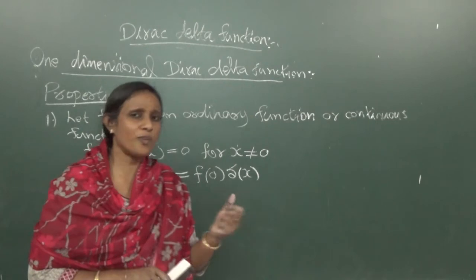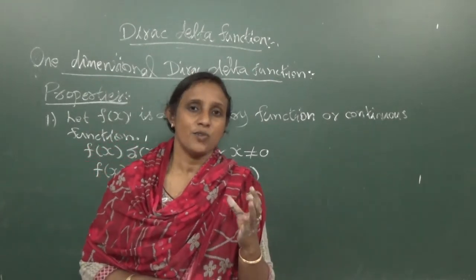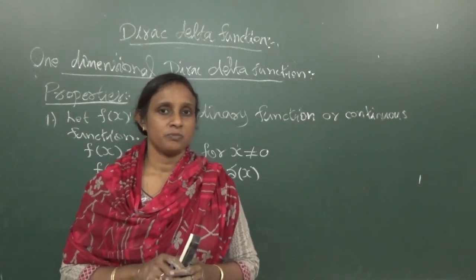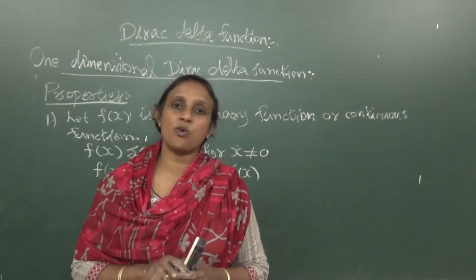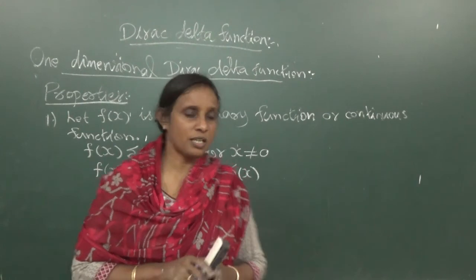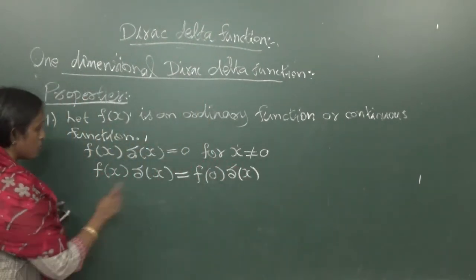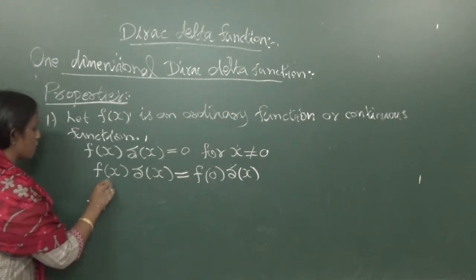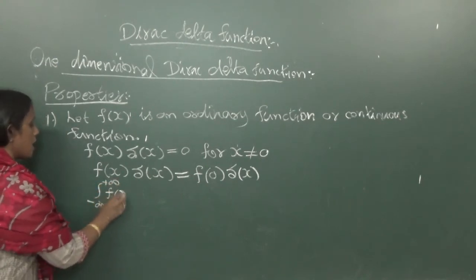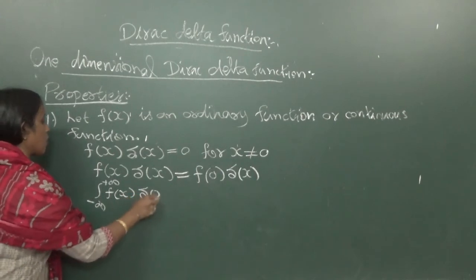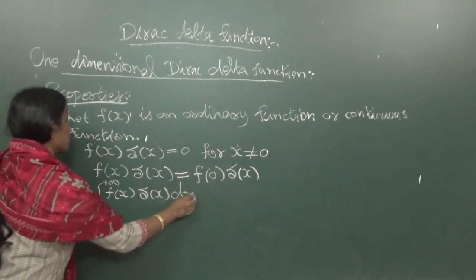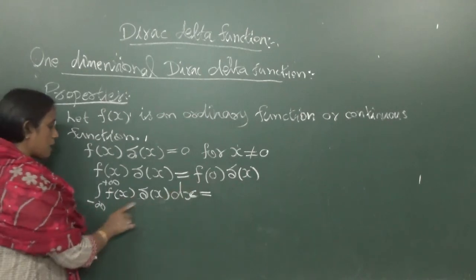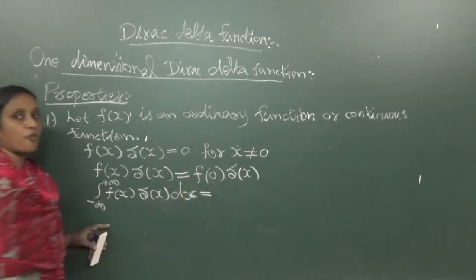Okay. Now we can do an integral. We already saw that the Dirac delta function has the property that the area under the curve is always finite. We can check that here also. The integral from minus infinity to plus infinity of f of x delta of x dx: you can replace f of x with f of 0.